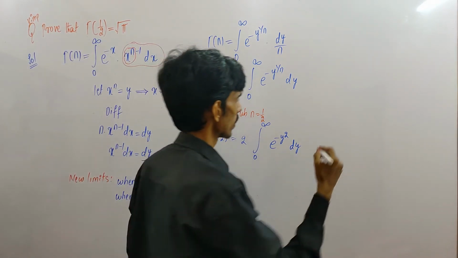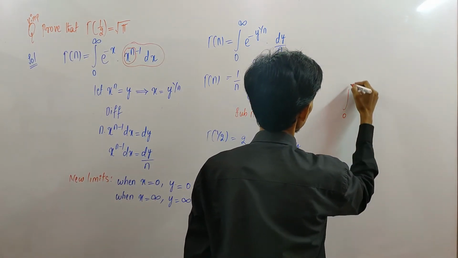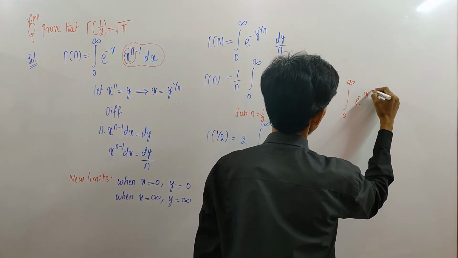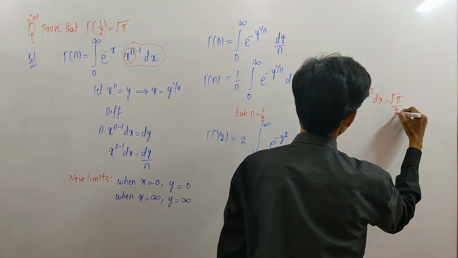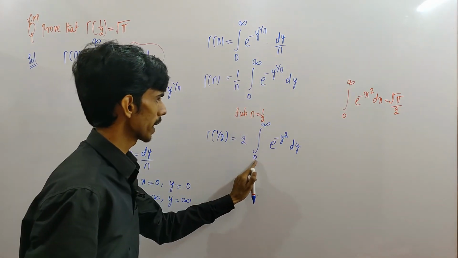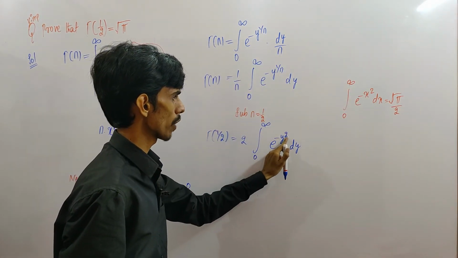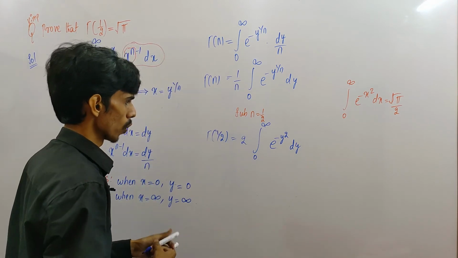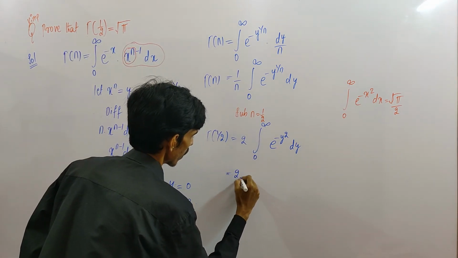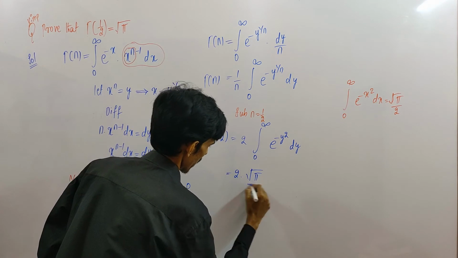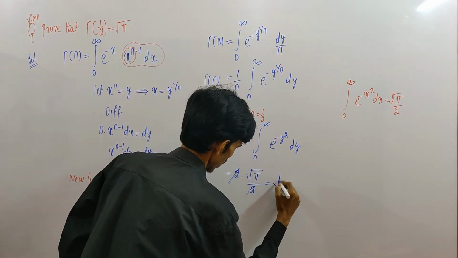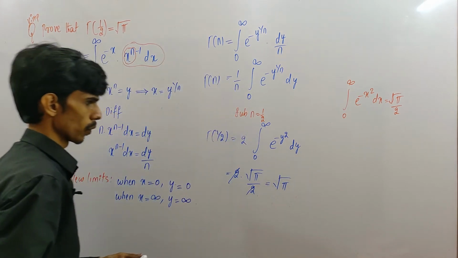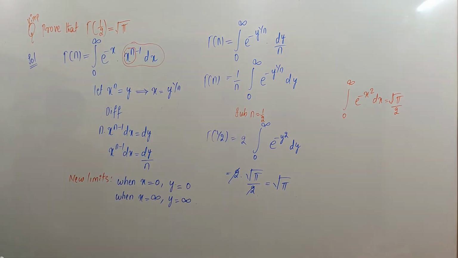We know that integral 0 to infinity e power of minus x square dx value is root pi divided by 2. So the integral 0 to infinity e power of minus y square dy value is also root pi divided by 2. This 2 and this 2 will get cancelled. We have root pi. Hence we got gamma of 1 by 2 is root pi.